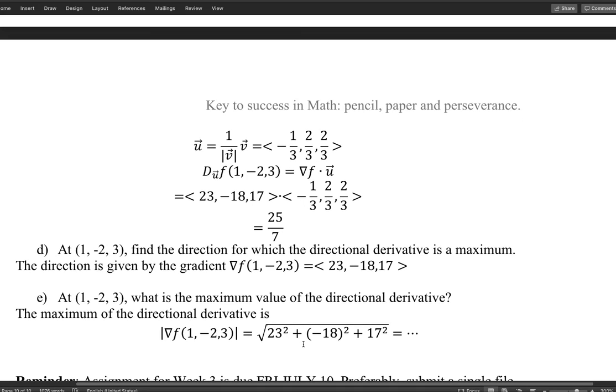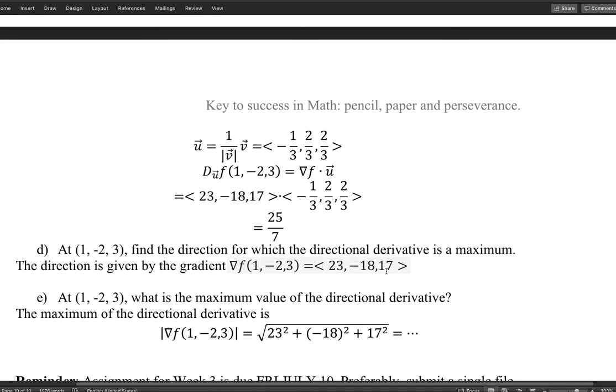Part D, the question is, at the same point, 1, negative 2, and 3, find the direction for which the directional derivative is a maximum. Did we say again, that's the gradient, right? So specifically, the direction is given by the gradient.